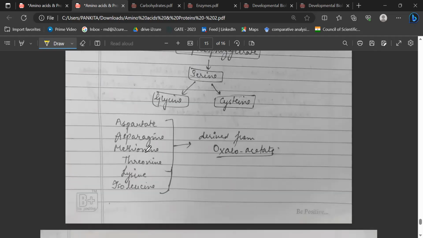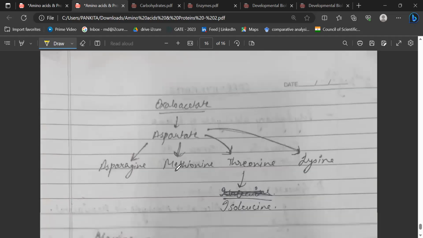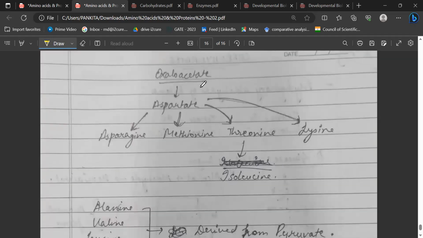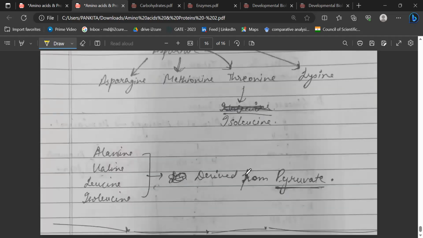Aspartate, asparagine, methionine, threonine, lysine, and isoleucine are derived from oxaloacetate. Oxaloacetate forms aspartate, which forms asparagine, methionine, threonine, and lysine. From threonine, you get isoleucine. Alanine, valine, and leucine are derived from pyruvate.